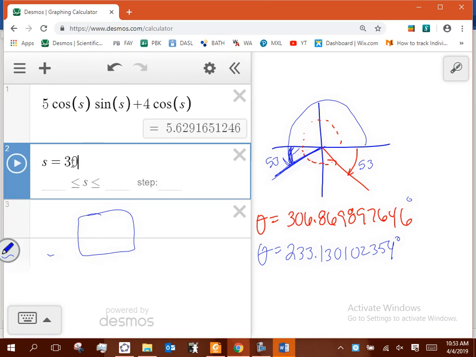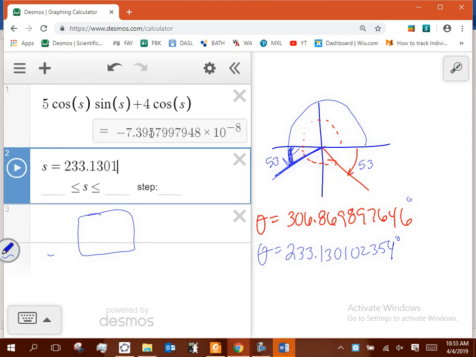Write it as 306.86989. Obviously, the more decimal places I put in there, the closer that thing will get to being 0. The 5 zeros or 4 zeros right there is confirming that that's the case. And then 233.130102354. We're getting 11 zeros and then a 4, so that's pretty much 0.